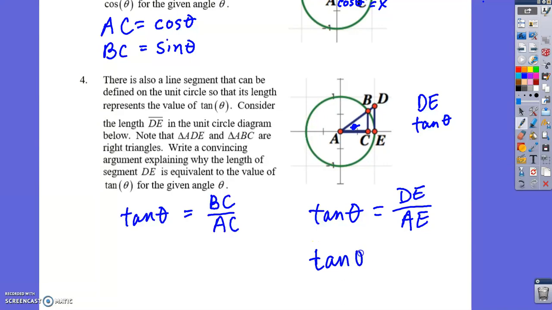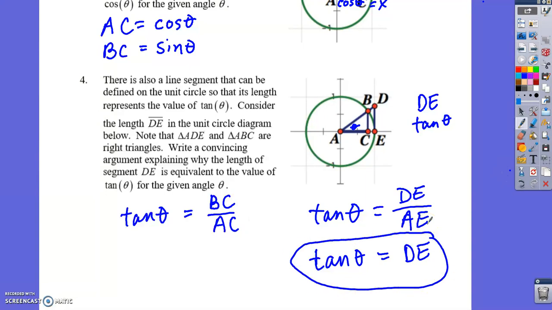So tangent of theta is equal to DE. This just comes straight out. Or in other words, since we know it's sine over cosine, BC over AC, that works out there, and it works out here too. So that is a pretty straightforward situation.